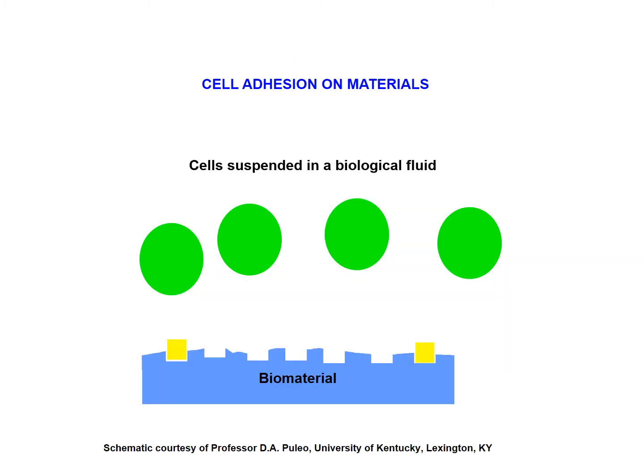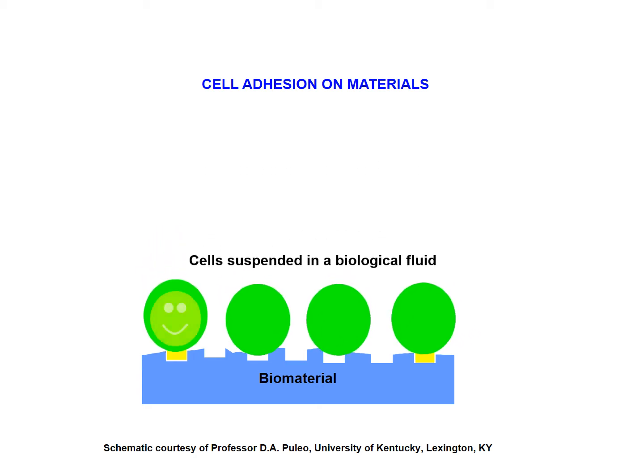Adsorption of proteins on biomaterials is important because subsequently cells which adhere on the adsorbed proteins will survive and function. In contrast, the cells which do not have that very important mediation of the adsorbed proteins are not going to survive.